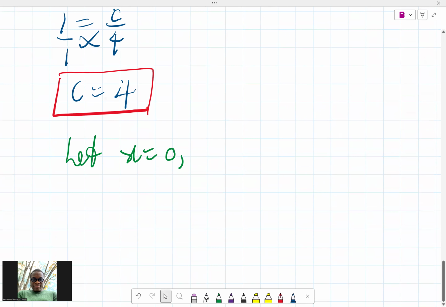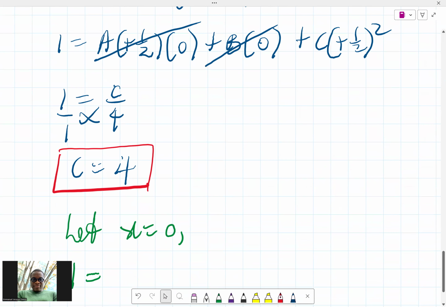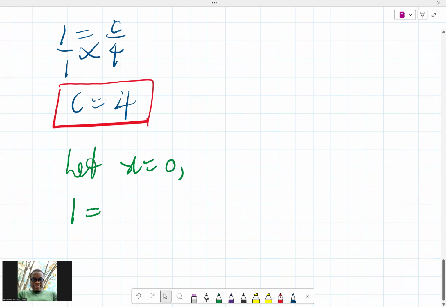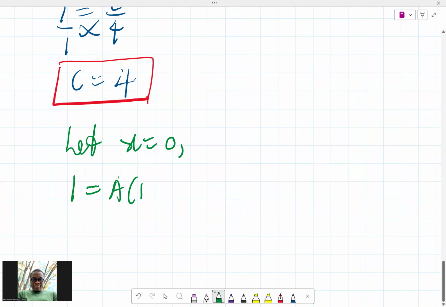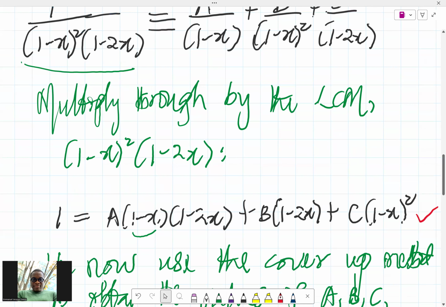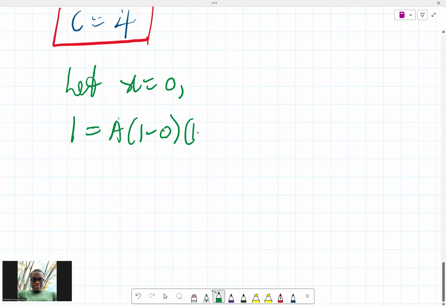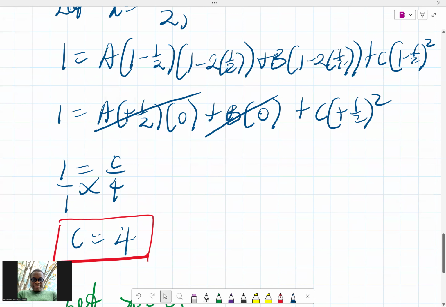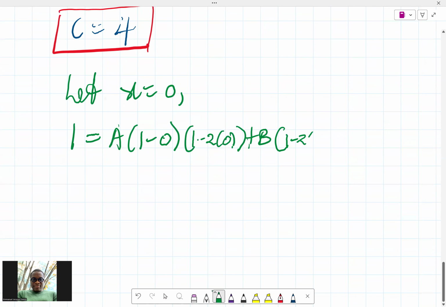So if x is equal to 0, the right-hand side is 1, and on the left-hand side, you have a into 1 minus 0 into the next one, 1 minus 2 into 0, then plus b into 1 minus 2 times 0 plus c into 1 minus 0 squared.